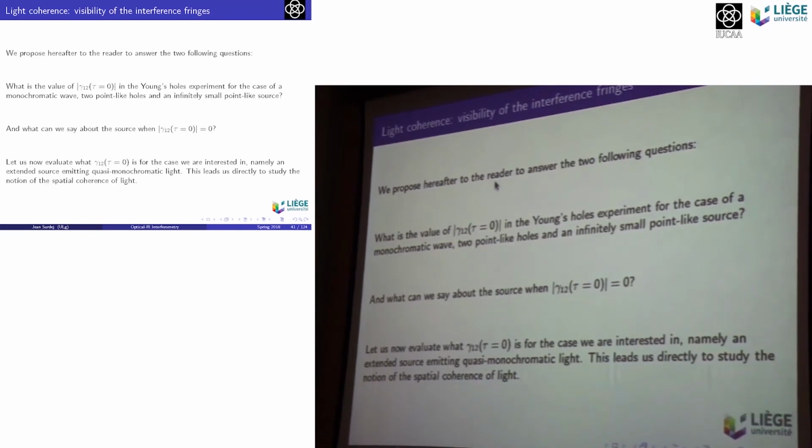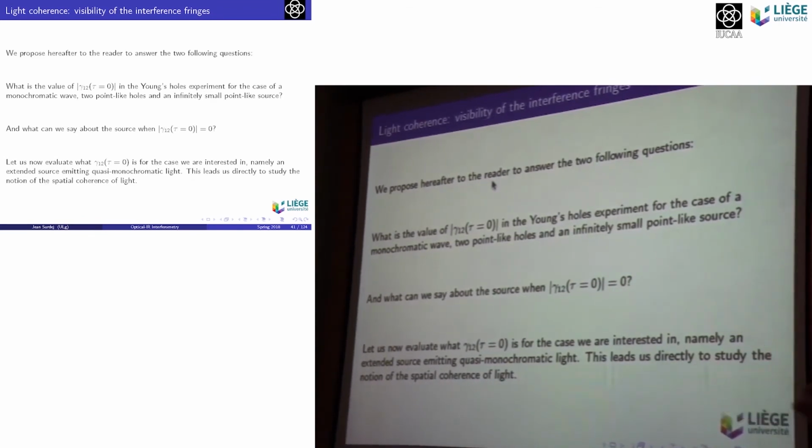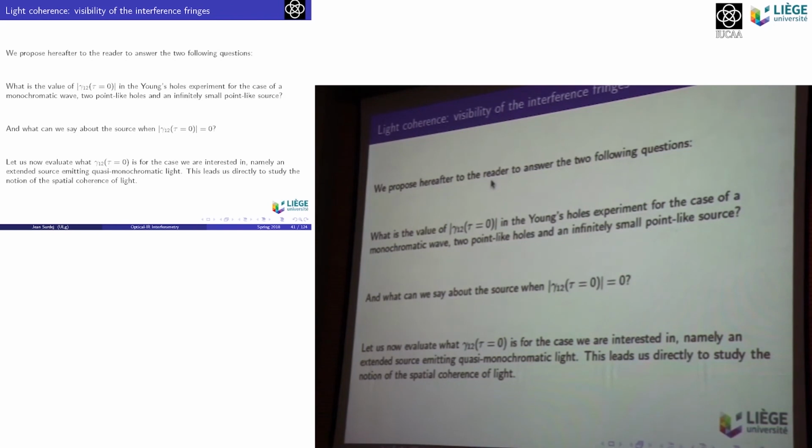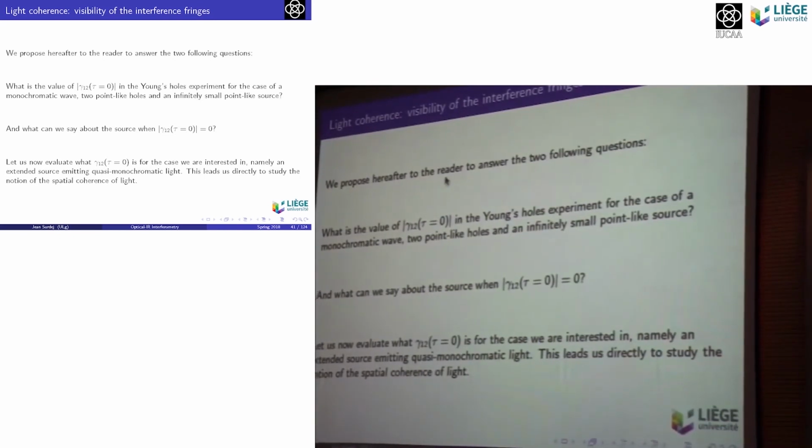So let's now evaluate the value of the complex degree of mutual coherence for the case that we are interested in, namely an extended source, emitting quasi-monochromatic light. And this leads us directly to study the notion of the spatial coherence of light. And so you see, from the Young's experiment, we have relaxed one assumption.